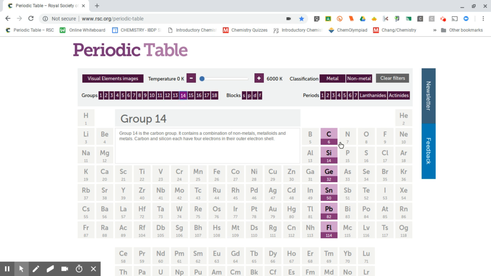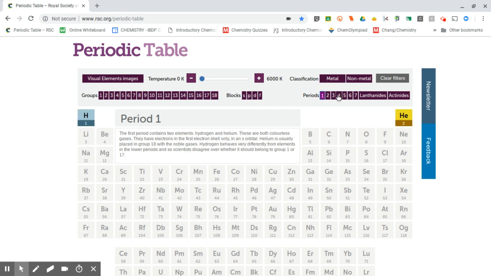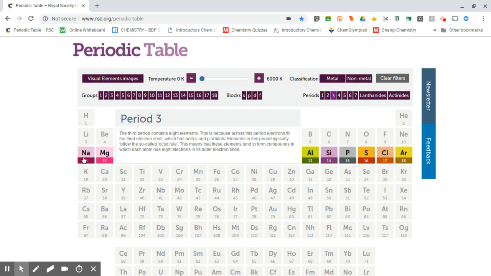Group 14 starts with carbon, which is a typical non-metal, and again, the metallic property increases down the group and decreases across the period. Like period number three, this is the most metal one, this is the least metal one.